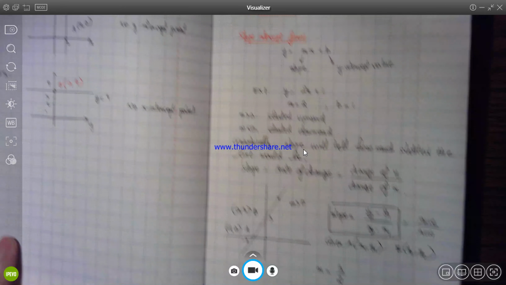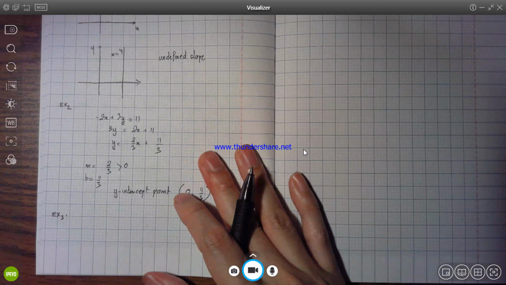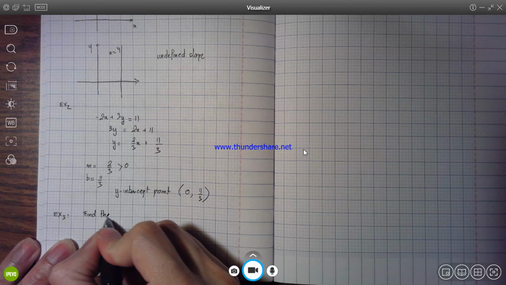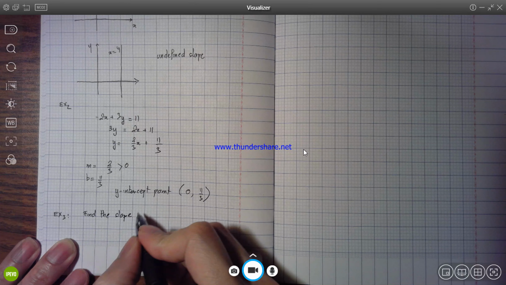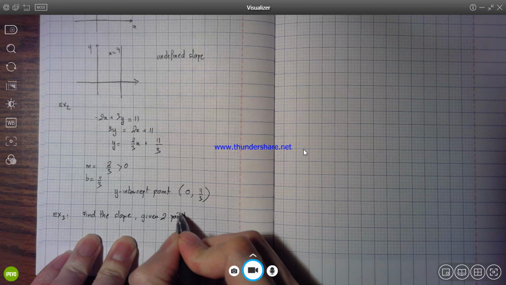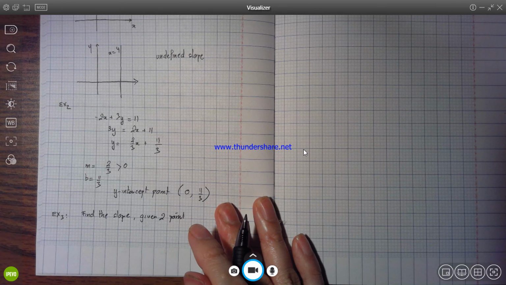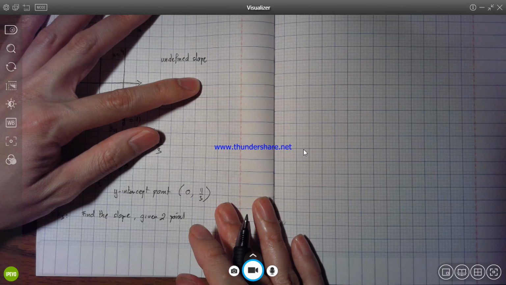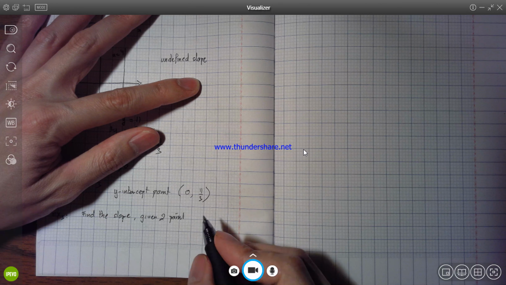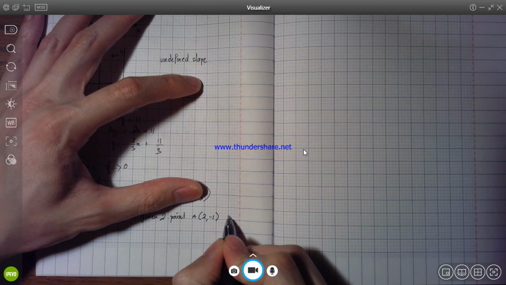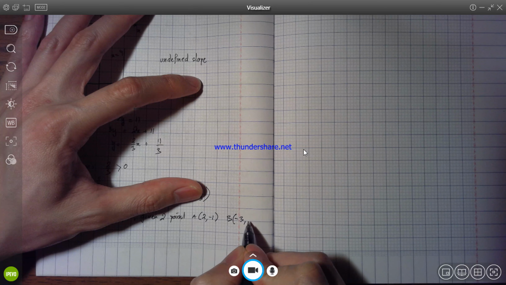Find the slope given 2 points. Point A is (2, -1), and point B is (-3, 1).